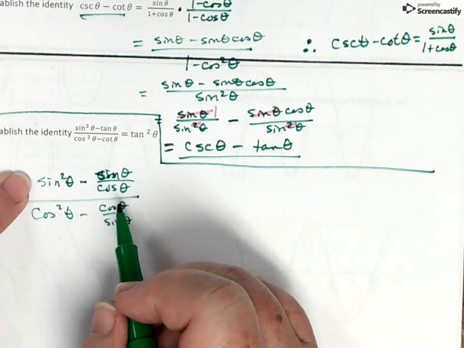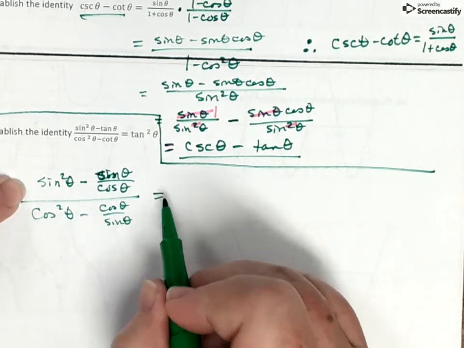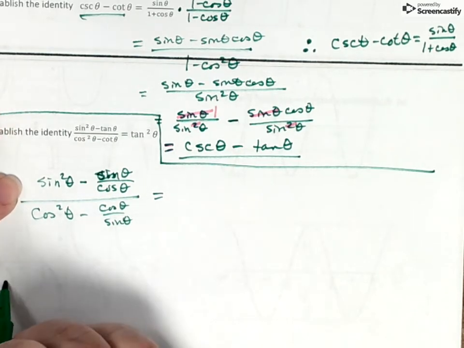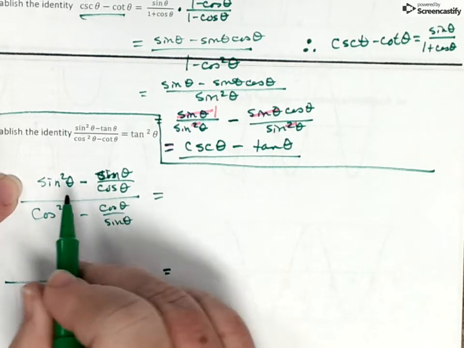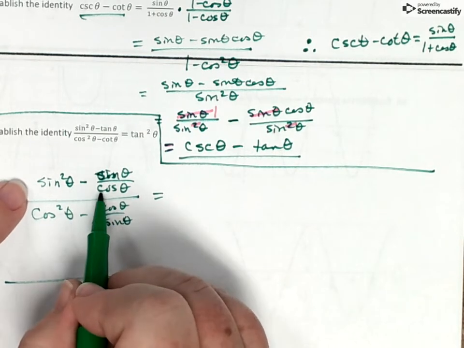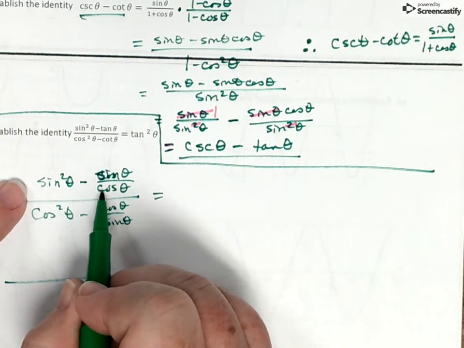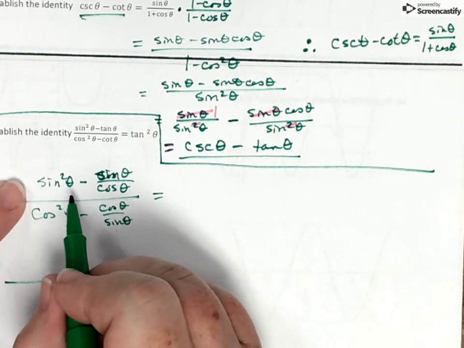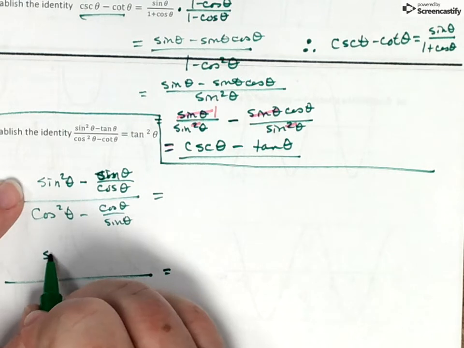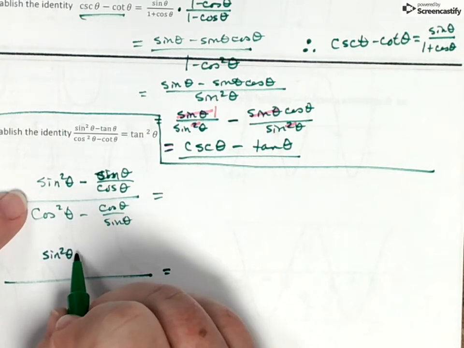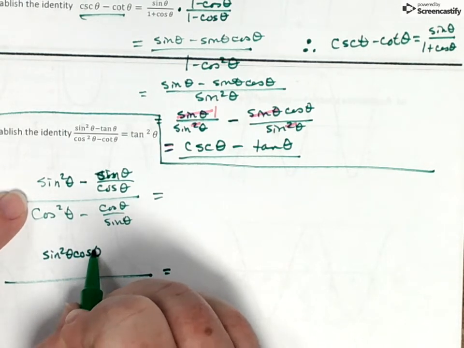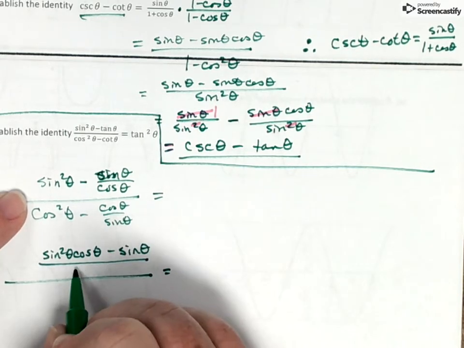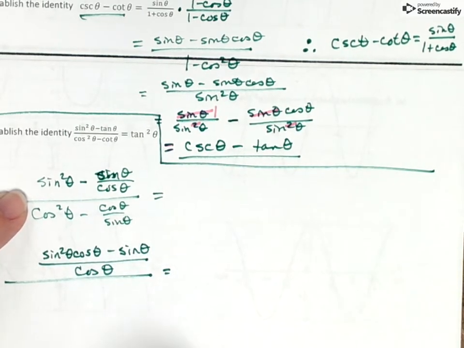So I'm going to work this as two separate pieces. I'm going to work with the top first, and then I'm going to work with the bottom. I'm going to make it one great big problem, but I'm going to work with the top part first. I want to turn this into one fraction. I'm going to turn this into a fraction where I've got sine squared theta times cosine of theta minus sine of theta over cosine theta.